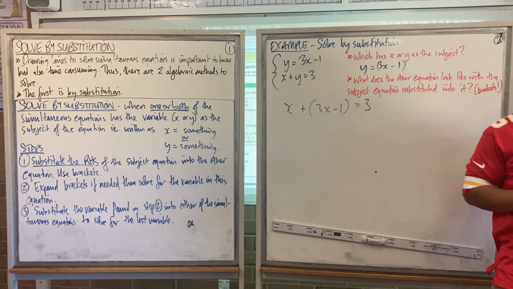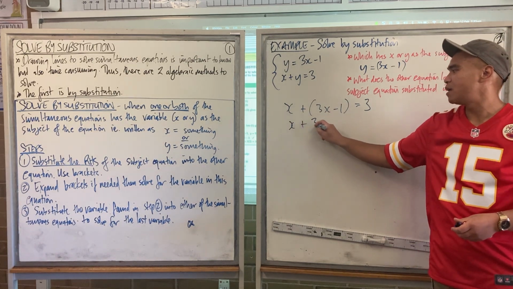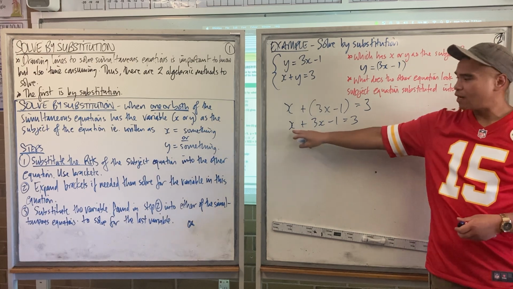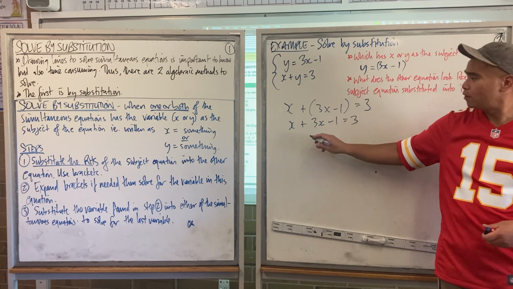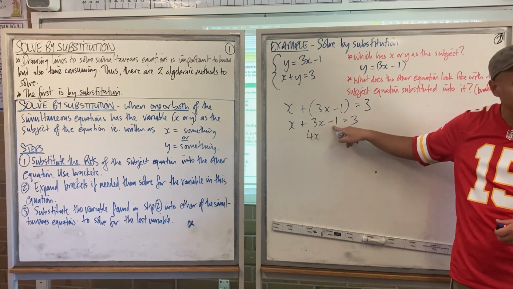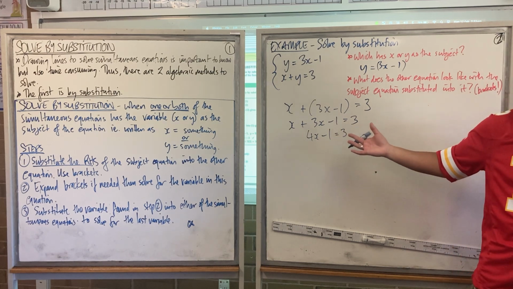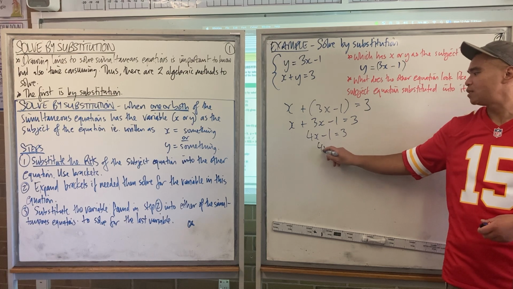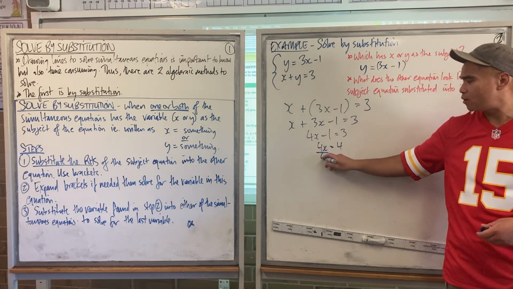There's no more information that I can get, so I get rid of the brackets. x plus 3x take 1 equals 3. If I've got an x and another 3x, how many x's do I have? 4x. Did I do anything with a take 1? So you leave it. See, this looks familiar. It looks similar to what you've had before. How do I get rid of taking 1? Add 1. So 4x is equal to 4. What's 4 doing to x? Timesing, so I divide.